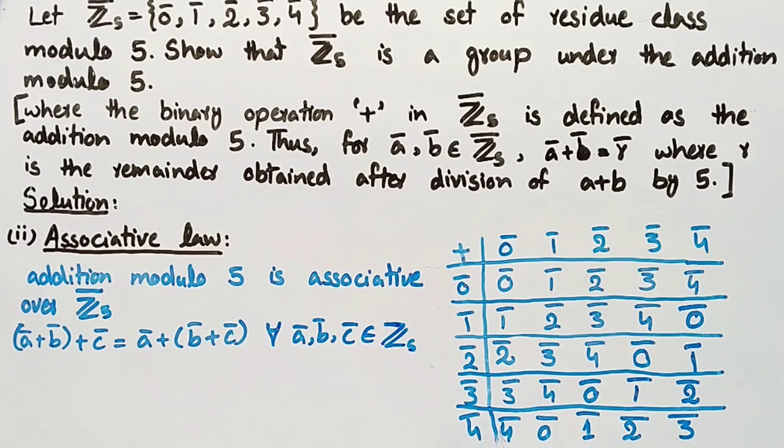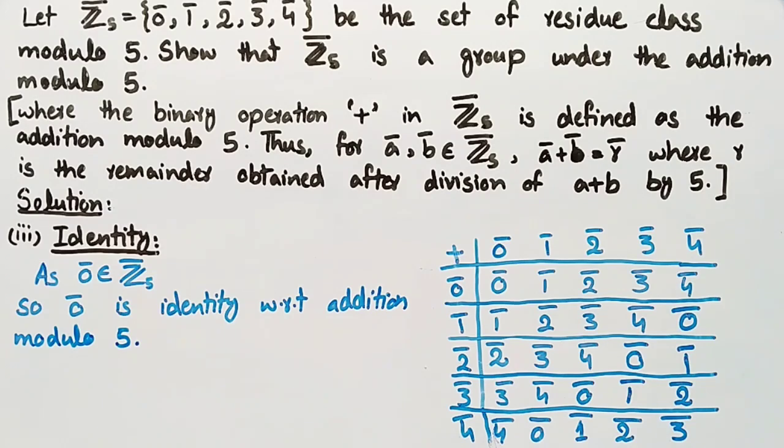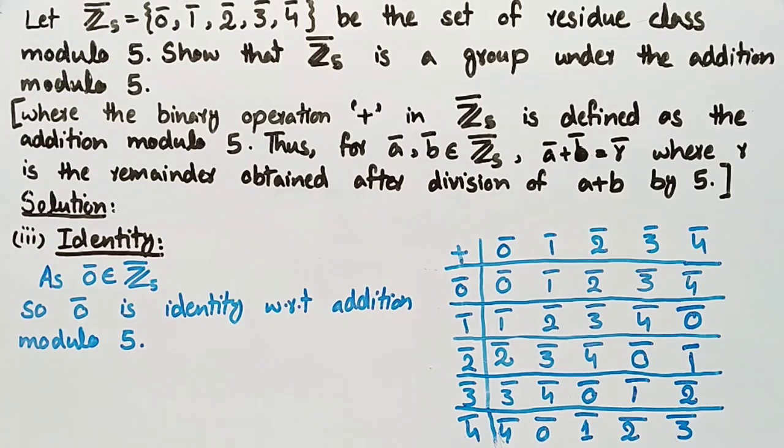So the second axiom of group is also proven. Third axiom is the existence of identity element. We know that 0 is identity with respect to addition. As 0 belongs to Z5, 0 is identity with respect to addition modulo 5. Since the existence of identity element has been proven, the third axiom of group has also been satisfied.